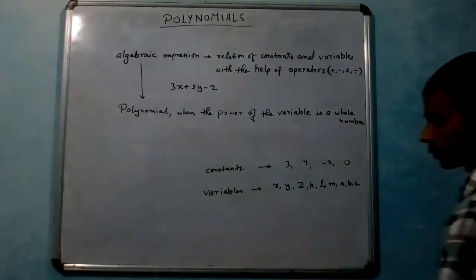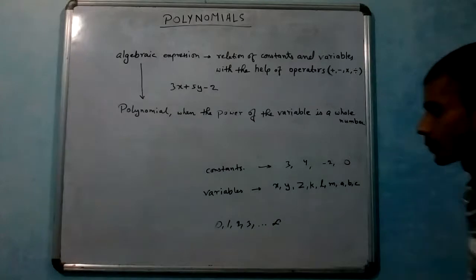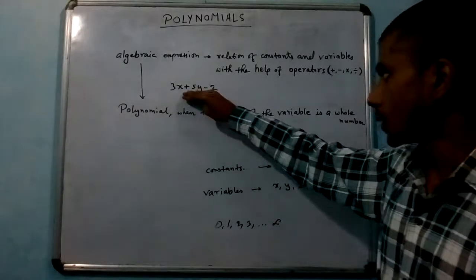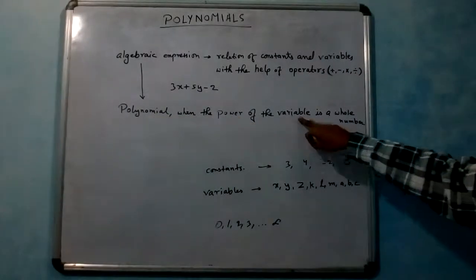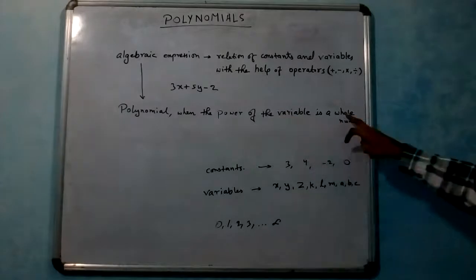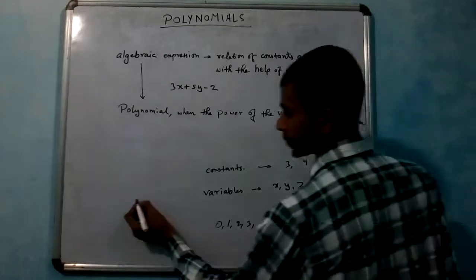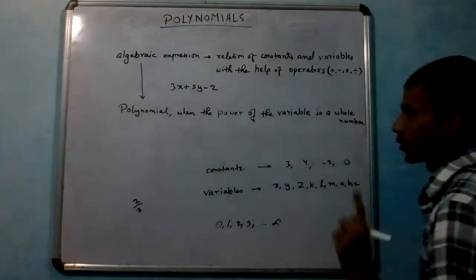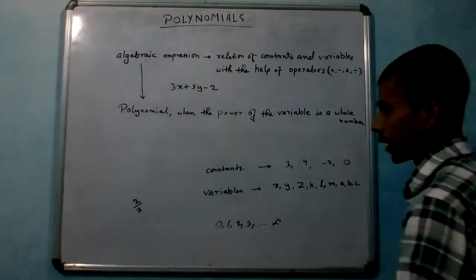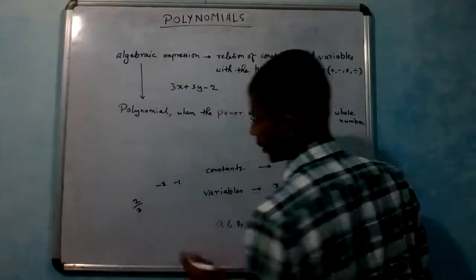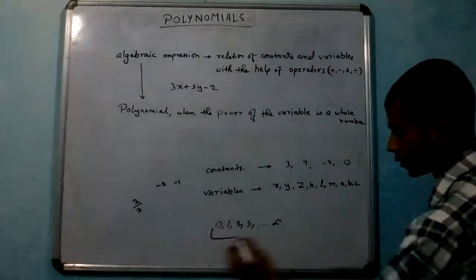Now, whole number, you understand? Whole numbers are 0, 1, 2, 3, dot dot dot infinity. So this type of algebraic expression is called a polynomial when the power of the variable is a whole number. When the power is a fraction, like 2 by 3, it's not a polynomial, it's just an algebraic expression. When the power is negative, -2, -1, that is not a whole number. Whole number is this much only.